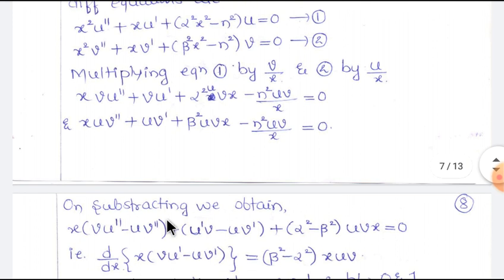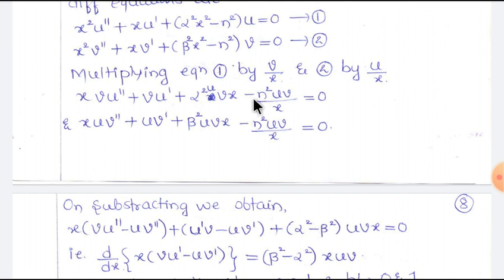On subtracting the two equations, in the first term x is common, so take it out; the remaining term is v u'' - u v''. In the second term there is no common factor, so write it as it is: v u' - u v'. In the third term u v x is common, so take it out, leaving alpha^2 - beta^2.